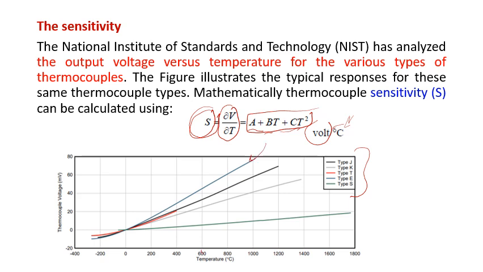If the temperature is 600 degrees Celsius, that means the voltage you produce at the output will be like 45 millivolt. If I take, for example, this type, at 1000 degrees Celsius, you will find that the voltage is 40 millivolt. That's what we mean by the characteristics of the thermocouple.